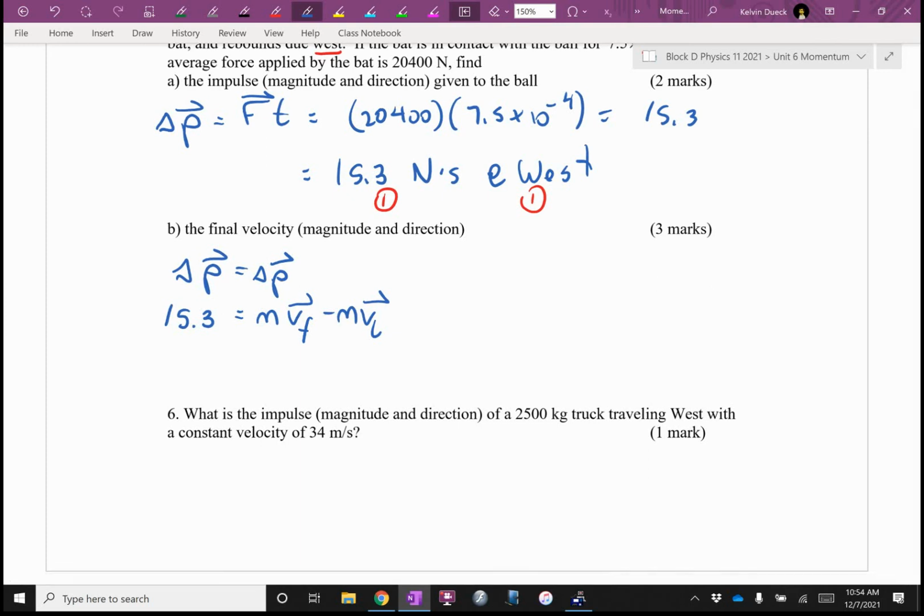I want to get v final by itself. I think the 15.3 is going to drop down like a domino. I'll plus mv initial. I think I'll divide by m. I think that's v final. Never done that one before, but I think so.